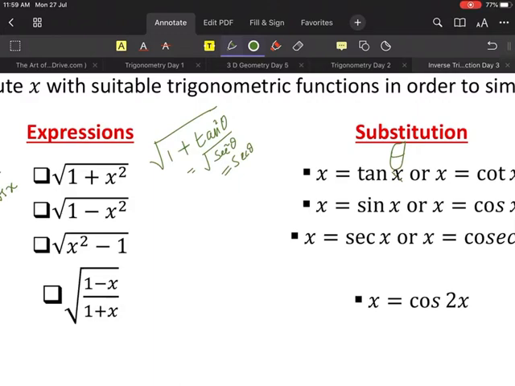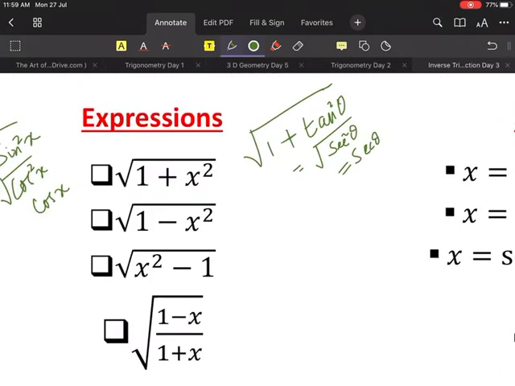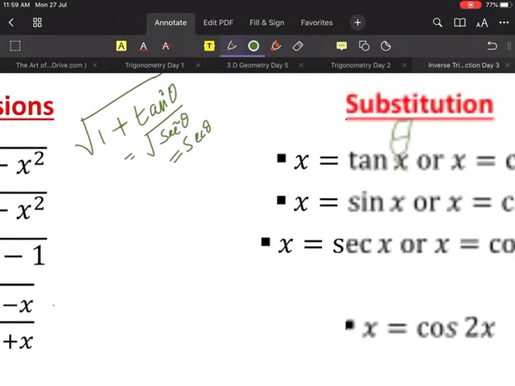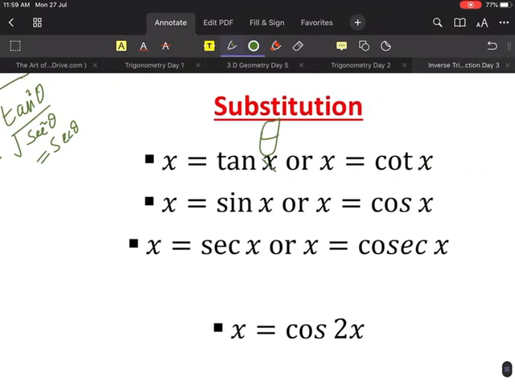So if I have this expression, root over of x square minus 1, in this expression I will substitute x is equal to sec theta, or x is equal to cosec theta. Everyone clear or not?